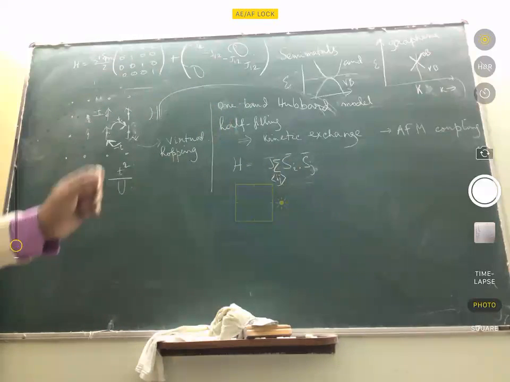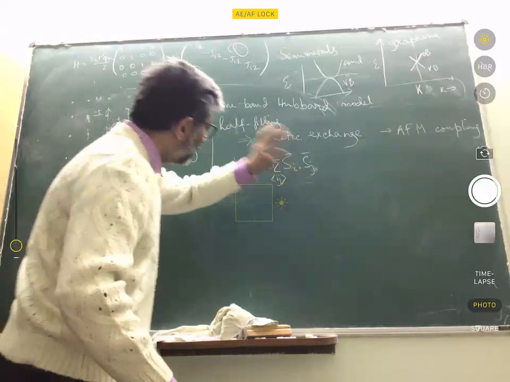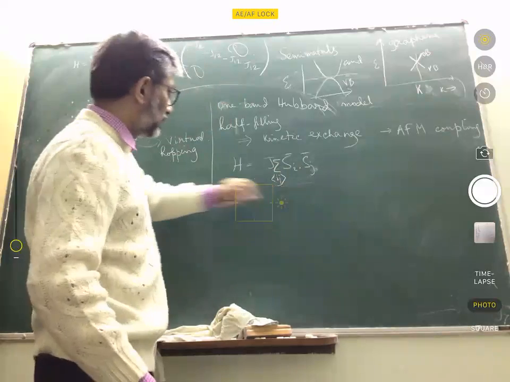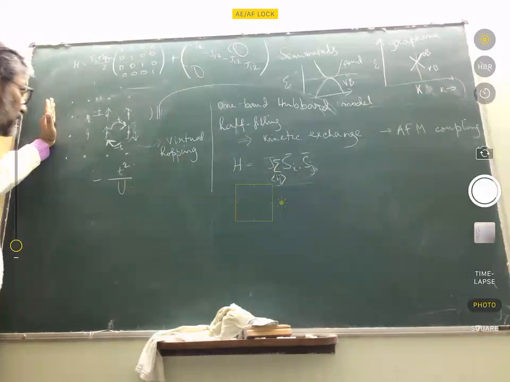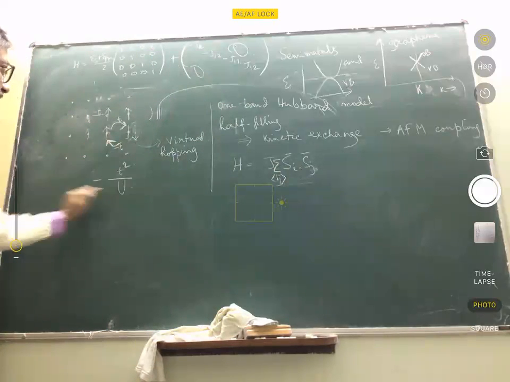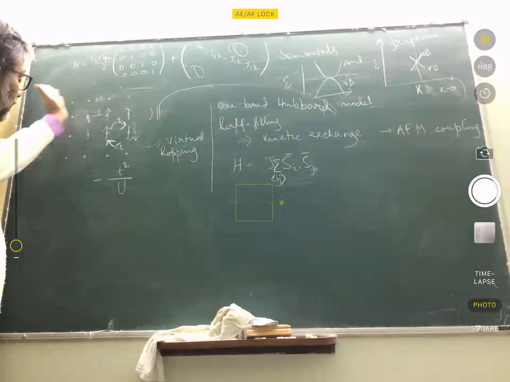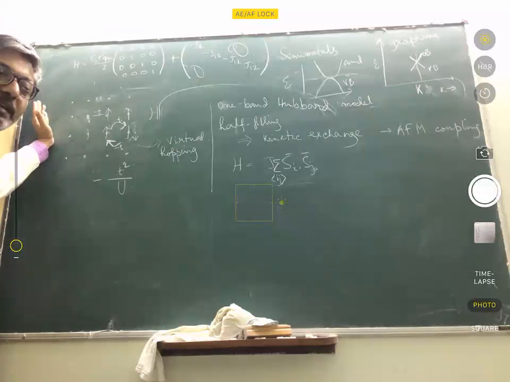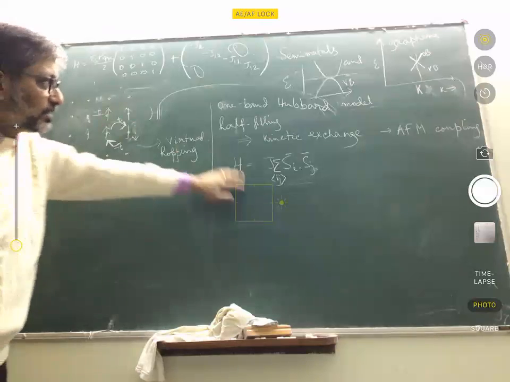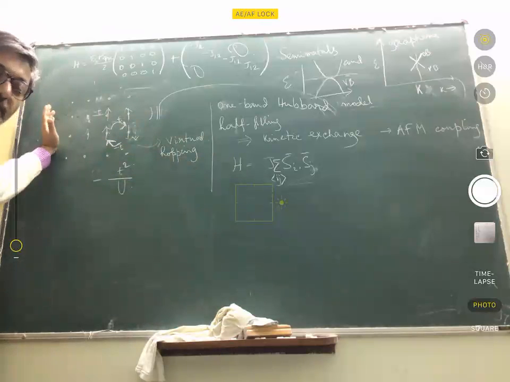Important point to remember is that what we are studying through these kind of models is the low energy physics happening at this energy scale around the ground state of this half-filled one-band Hubbard model. We cannot study physics that's happening at energy scale U.